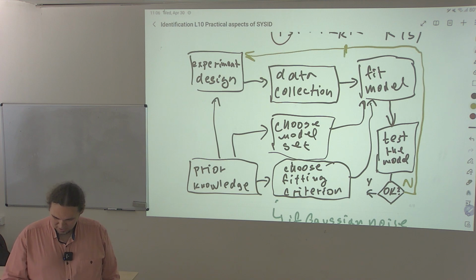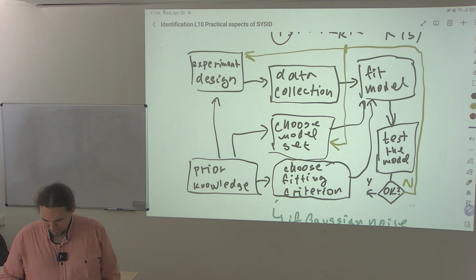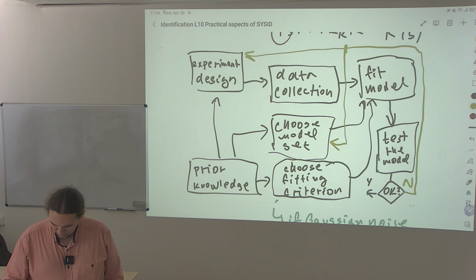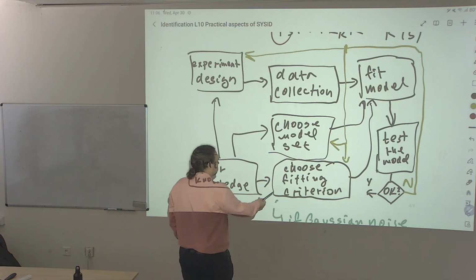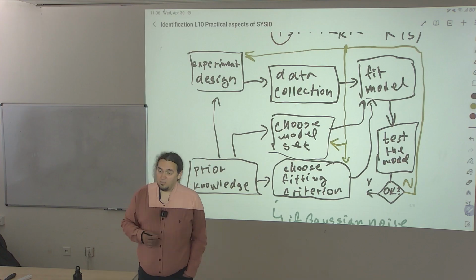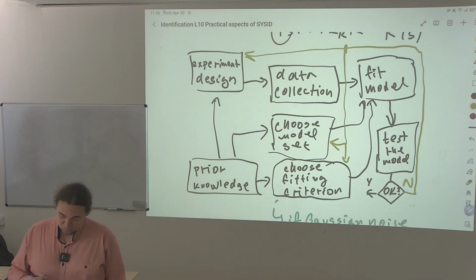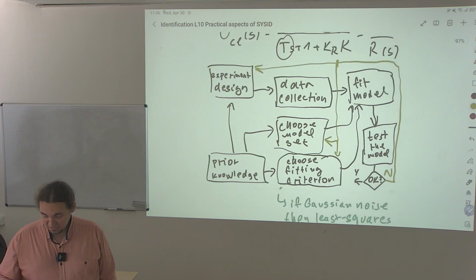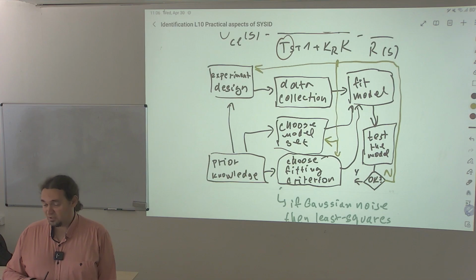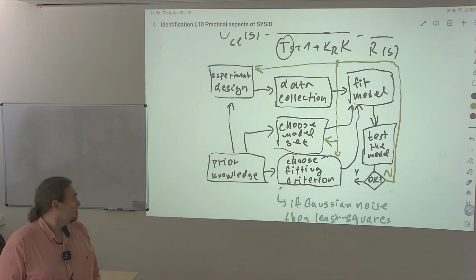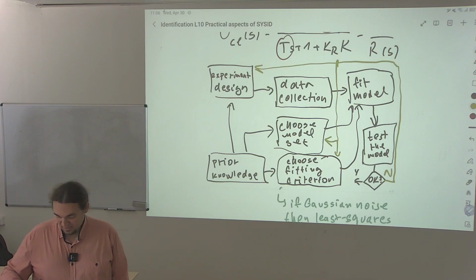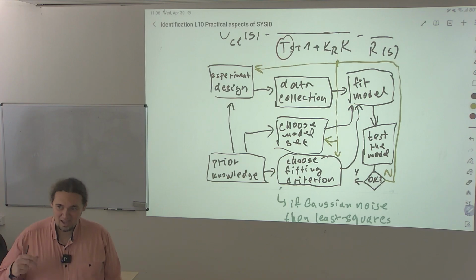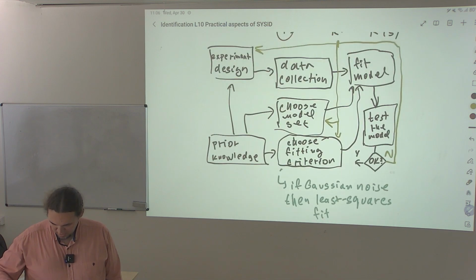So we can get back here, and also we can get back to the fitting criterion. Maybe if there are too many outliers which we cannot discard, and maybe we have good reasons for that, we can select fitting criteria like sum of absolute values that helps a bit with the outliers.